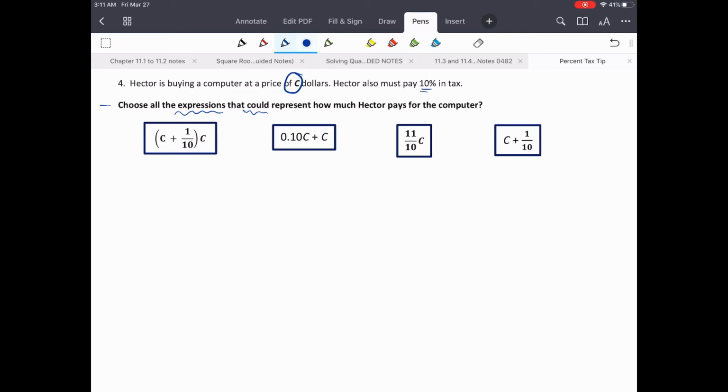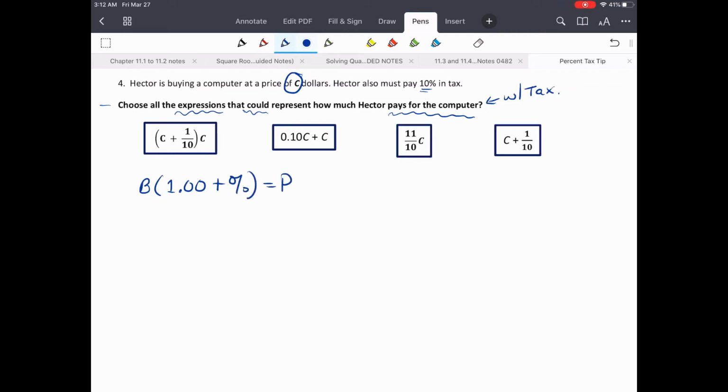Now my advice on this one is to make up a number. Make up a number for the price of the computer. For an expression that could represent how much Hector pays for the computer, I would say that is going to be with the tax included as well. Just use the formula, which is the percent increase, so plus the percent, and that will equal the part.